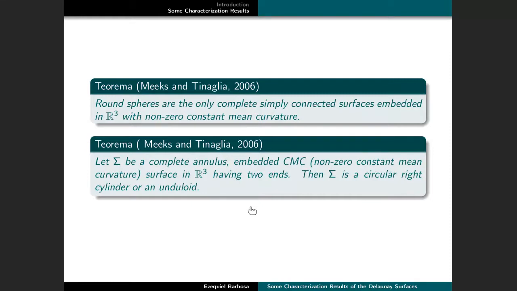So we prove that the surface should be either a round sphere, a right cylinder, or an unduloid. And what we have to do now is to prove that the unduloid cannot happen.